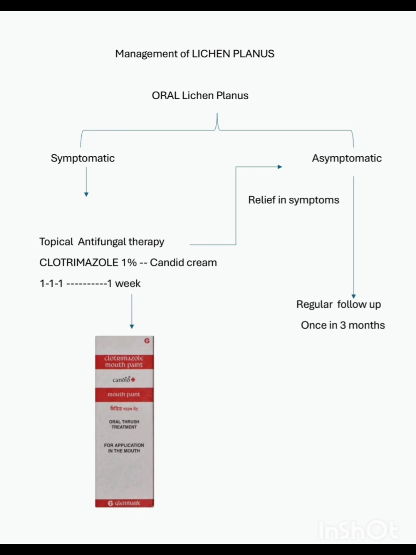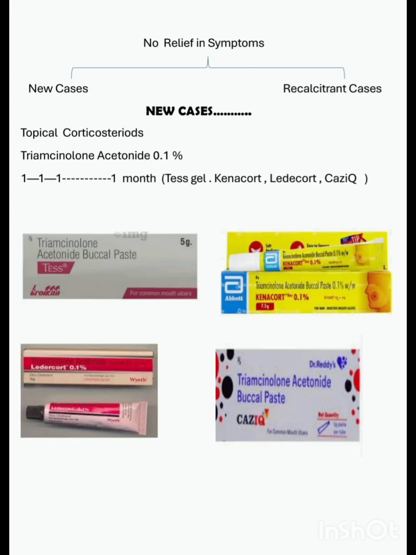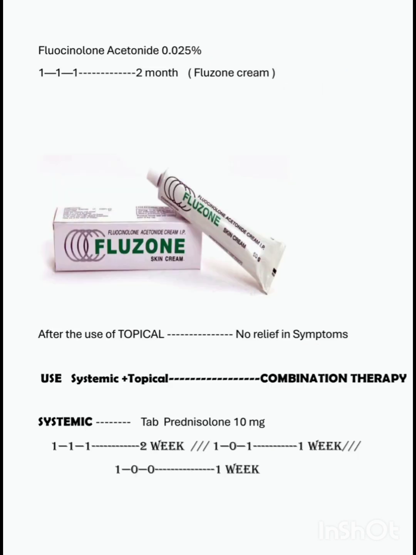Initially, prescribe antifungal therapy with clotrimazole to be used 3 times a day for 1 week. If there is no relief in symptoms after using clotrimazole, topical steroids can be used in new cases. Triamcinolone acetonide and fluocinolone acetonide are the preferred options and should be used for 1 to 2 months.